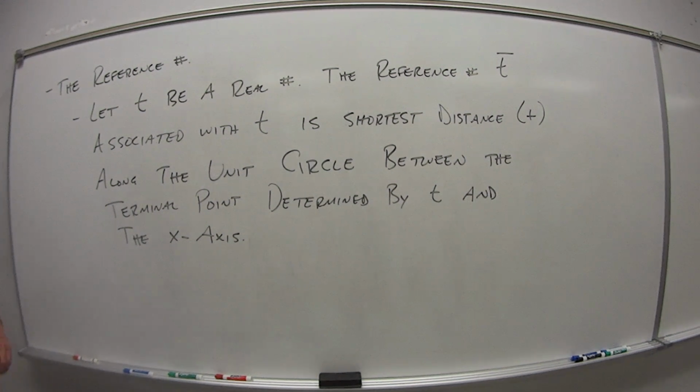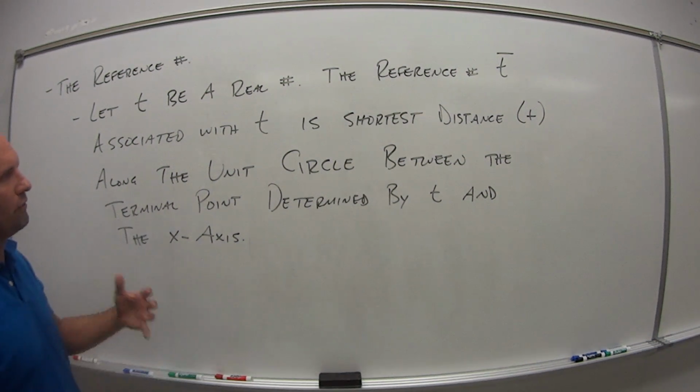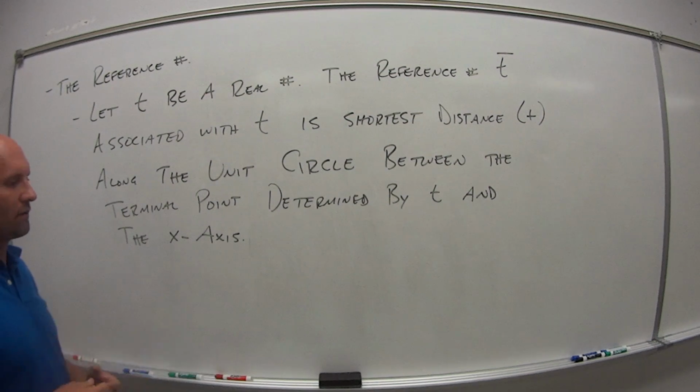So as you're writing this down, it sounds super confusing. You got a lot of t's and t bars and unit circle and distances and x-axis.